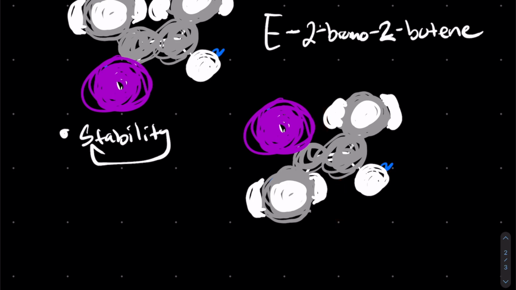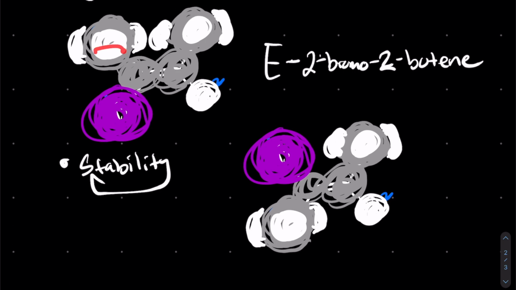So the E and Z designation doesn't necessarily indicate stability. What you have to do is use a bit of intuition to see which is the bigger group physically and not by molecular weight. So generally, trans is going to be the more stable configuration. The cis isomer has steric problems up here.